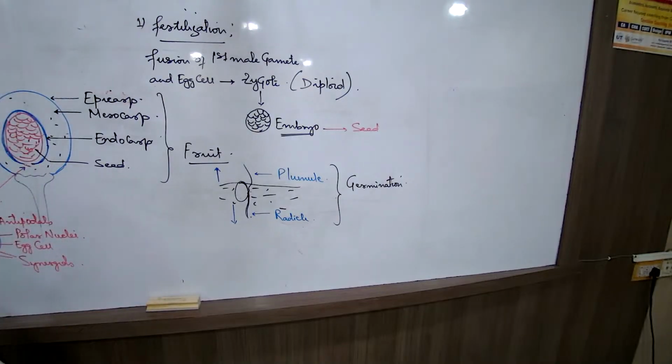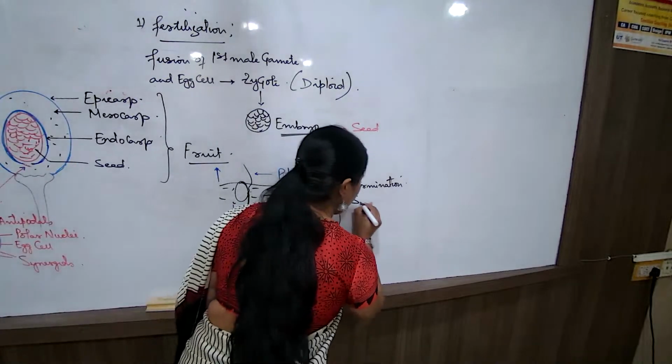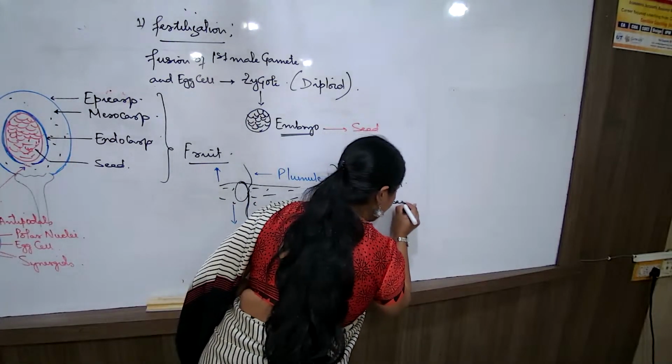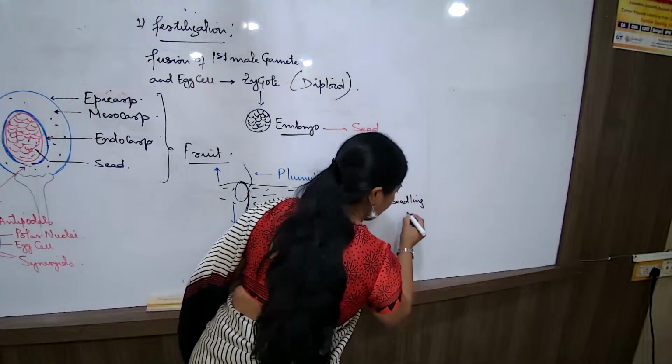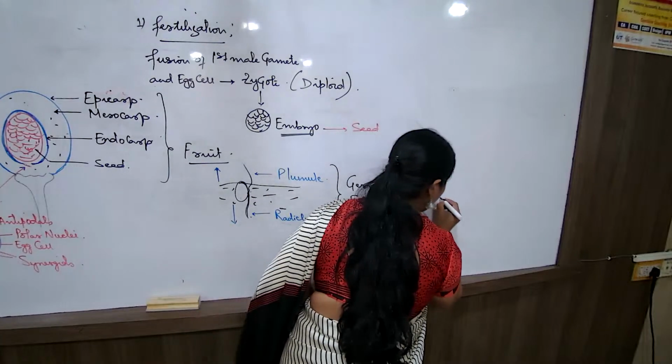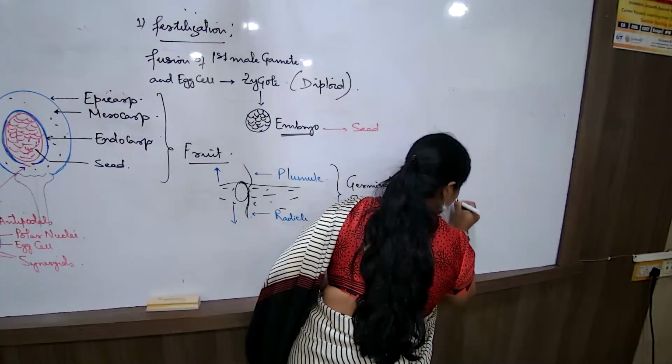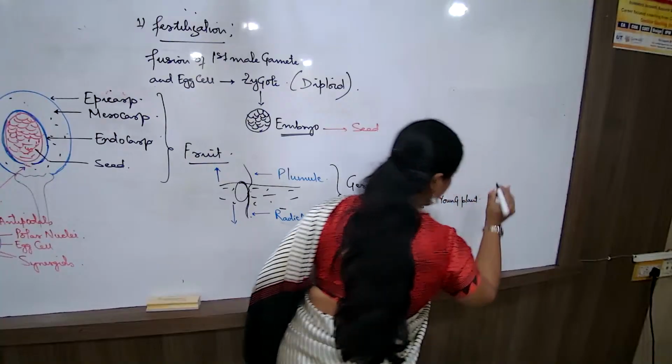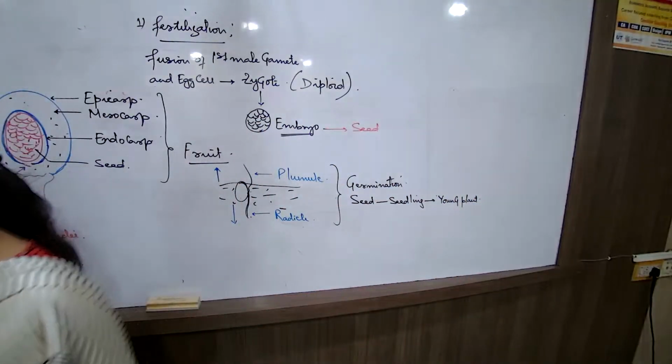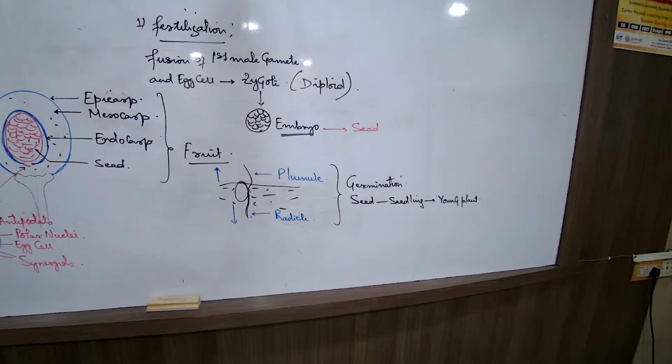The process of formation of a seedling from a seed is known as germination, and the seedling will ultimately give rise to a young plant.